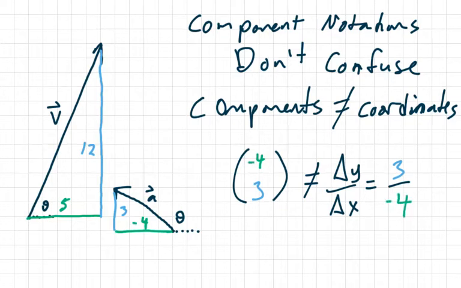Okay? So notice the difference between those. Notice how it could be easy to confuse that. I just want you to be clear on what your x's and your y's are in this case.